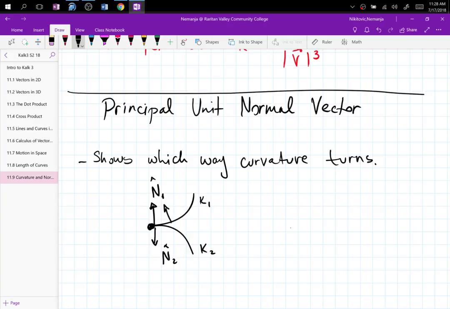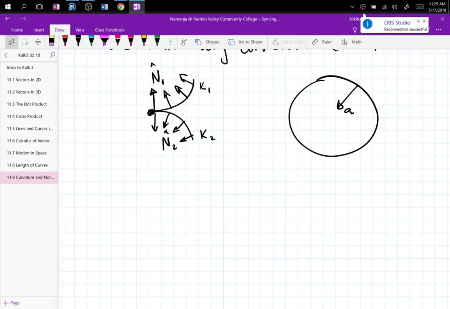Normal vector is perpendicular to the curvature and it points inwards towards the radius. Just like the acceleration, but then we are going to calculate it with the dt parametrization.